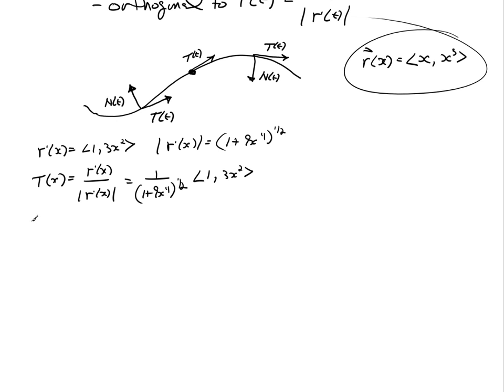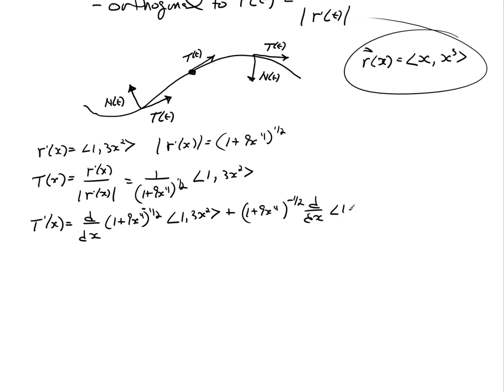Okay, so now I need the derivative of the unit tangent vector. So T prime of x, I'm going to write this out like I did in an earlier example. I'm going to make this d/dx of (1 plus 9x to the 4th) to the negative 1/2, times this vector 1, 3x squared, plus (1 plus 9x to the 4th) to the negative 1/2 times d/dx of this vector. Oops, the first one is negative 1/2, sorry.